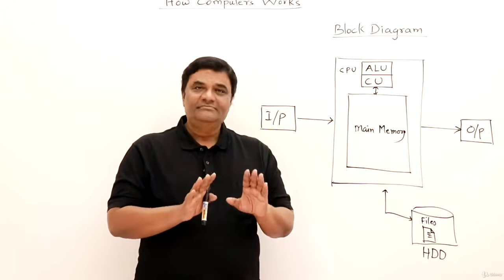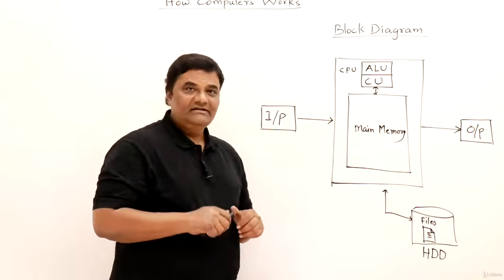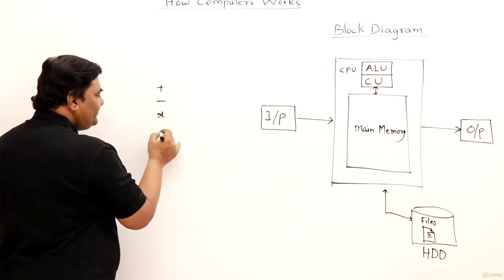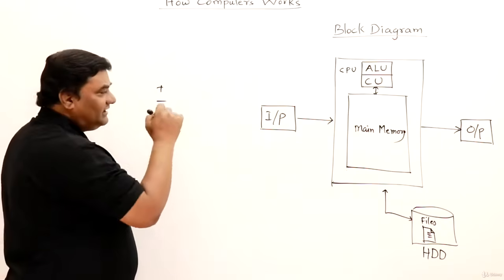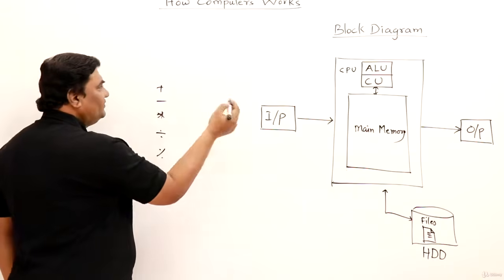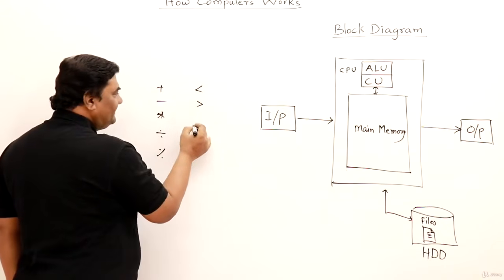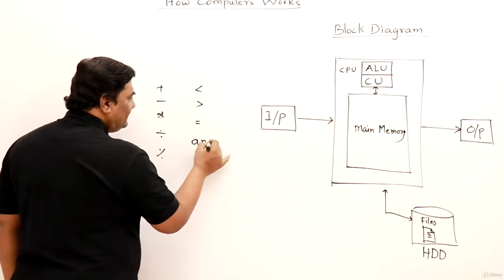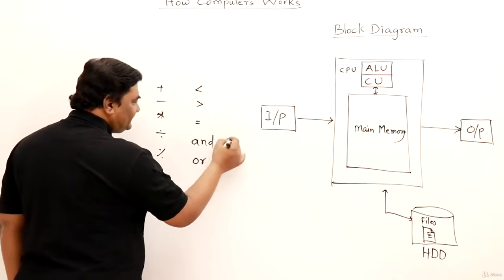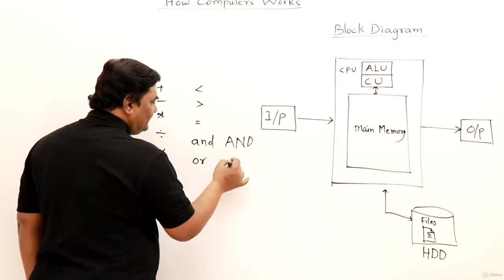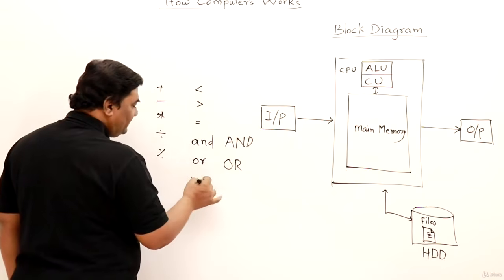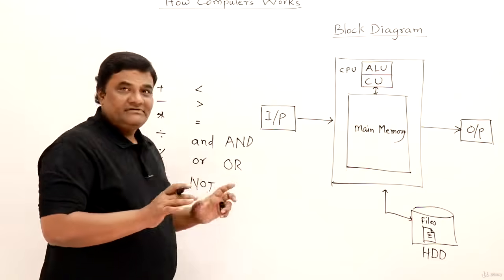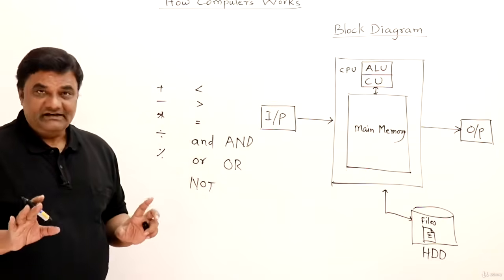So a computer can perform arithmetic operations like addition, subtraction, multiplication, division, or modulus. Under logical operations, it can compare two numbers: less than, greater than, or equal to. It can also perform logical operations AND, OR, as well as NOT. These are the logical operations basically. So it can perform just these basic operations, right?